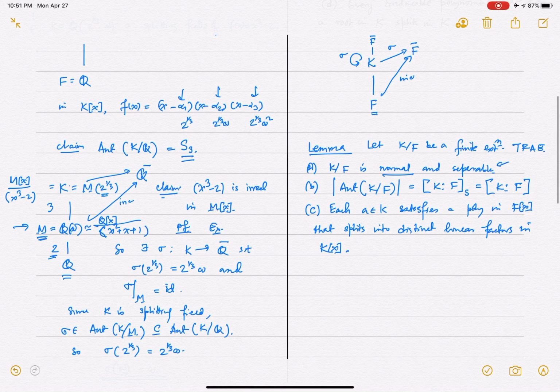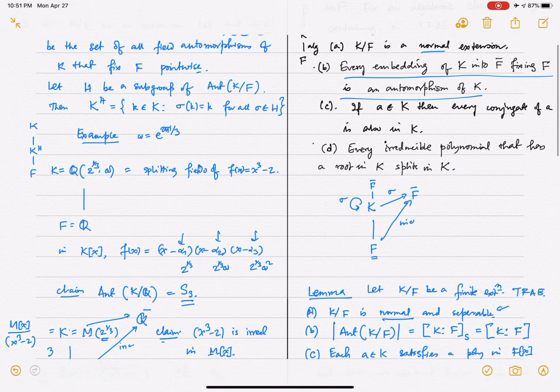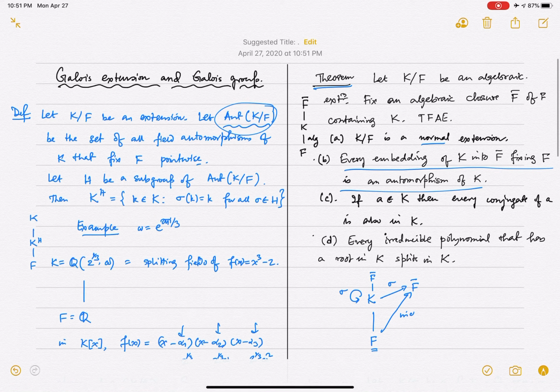Okay. And when any of these three things happen, we say that the extension is a Galois extension, and in that case, this group is called the Galois group of the extension.